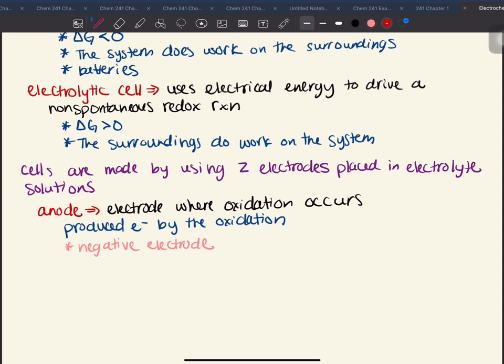Now, the other type of electrode we're going to talk about is a cathode. And the cathode is the electrode where reduction occurs.